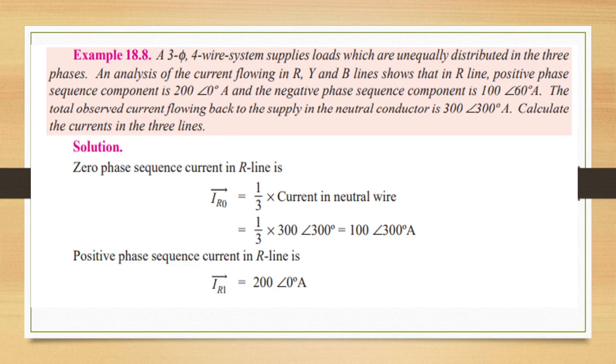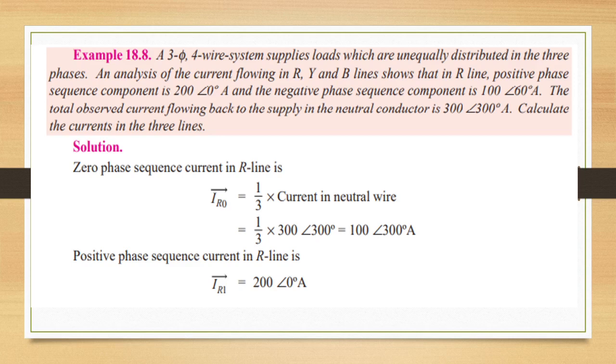Zero phase sequence current in R line, IR0, is 1 by 3 into current in neutral wire, which is given in the example as 300 angle 300 degree. So 300 by 3 is 100 and the angle is 300 degree amperes.